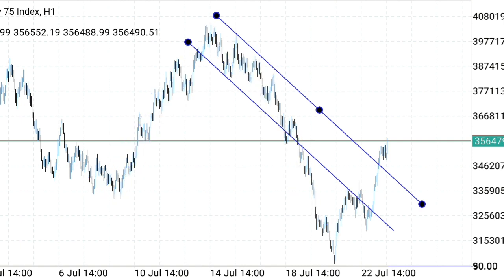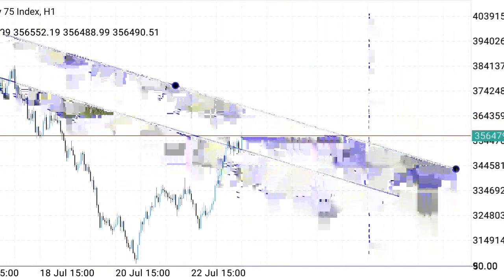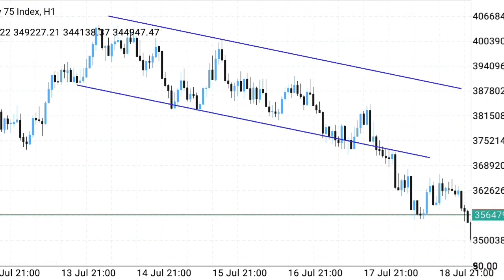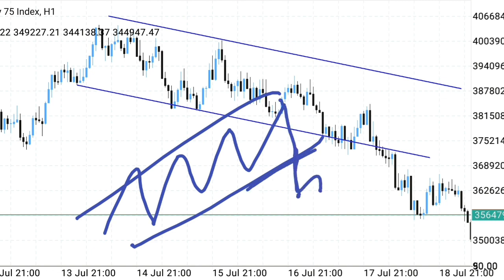So after drawing our trend channel, what do we have to do? We have to dive into minute 5 and start finding the higher highs. We wait for the M5 to make the higher highs, and then the price starts breaking this structure.